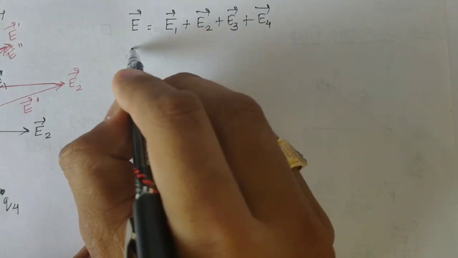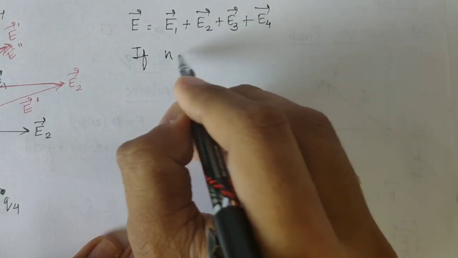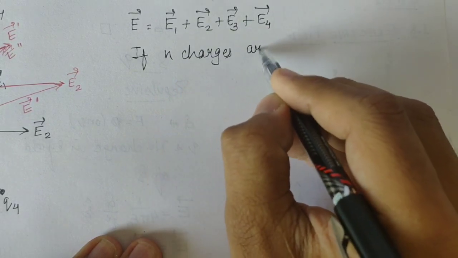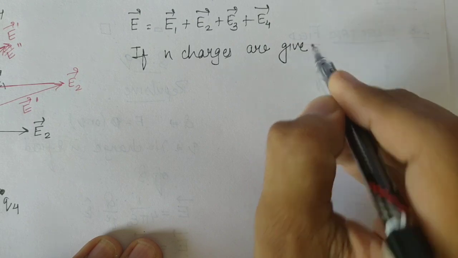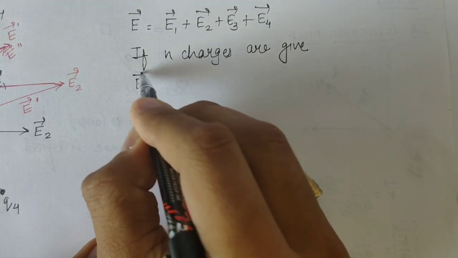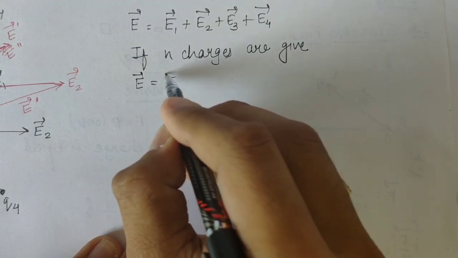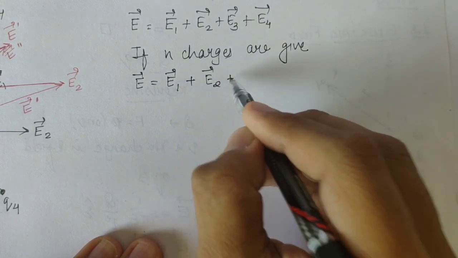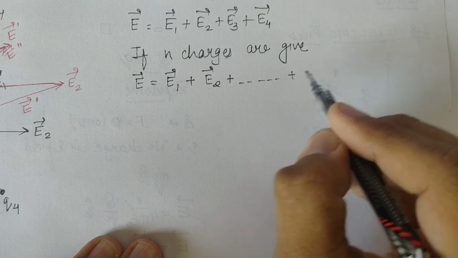If n charges are given, the electric field due to n charges is E1 plus E2 plus ... En.